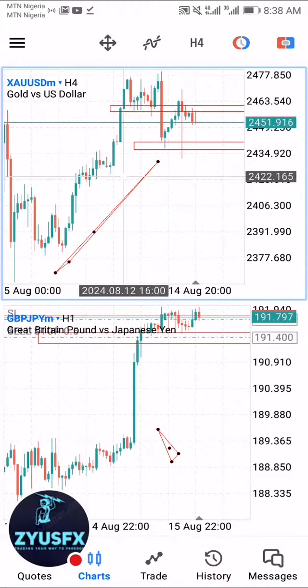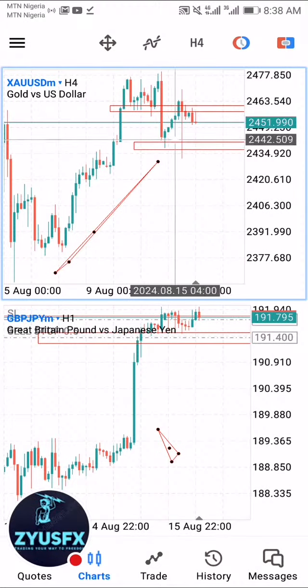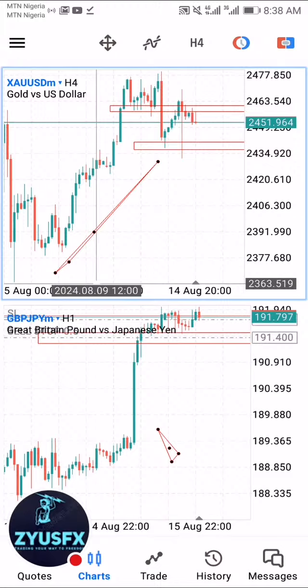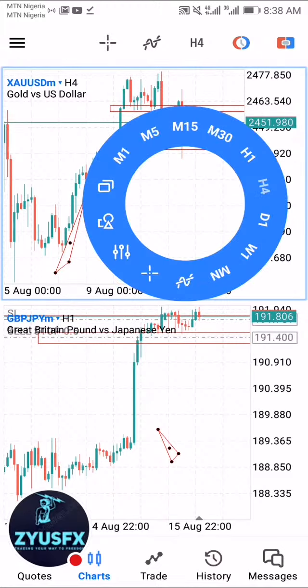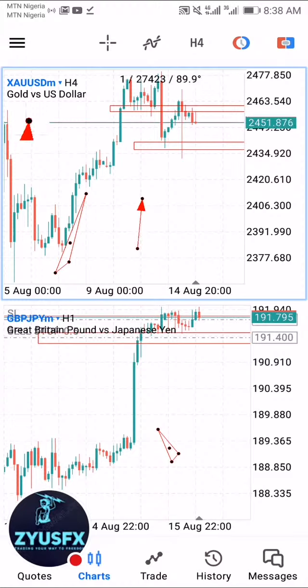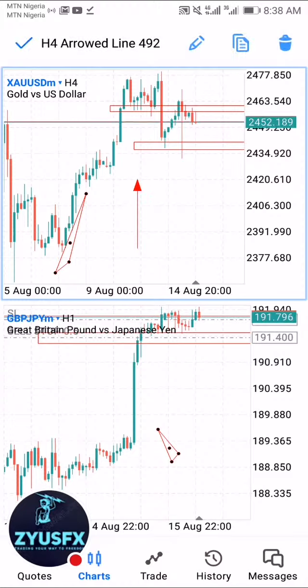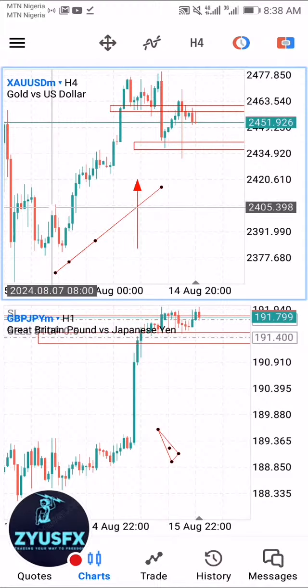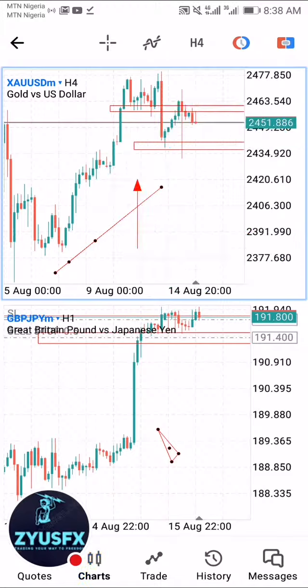Let me show you an example. Let's say the trend is moving up and I was buying, and little did I know that maybe the trend has changed.